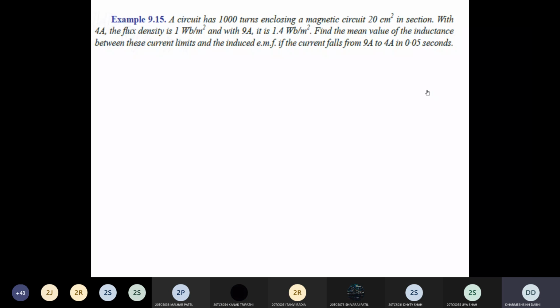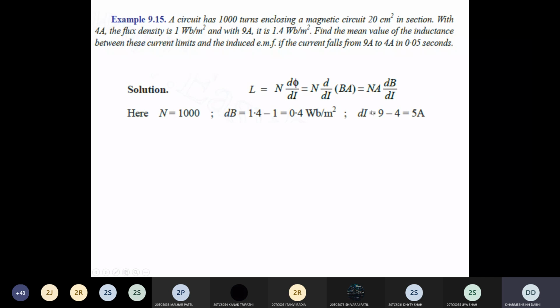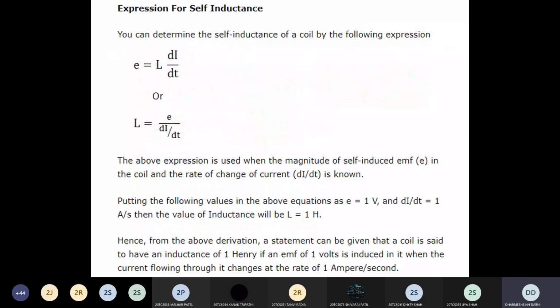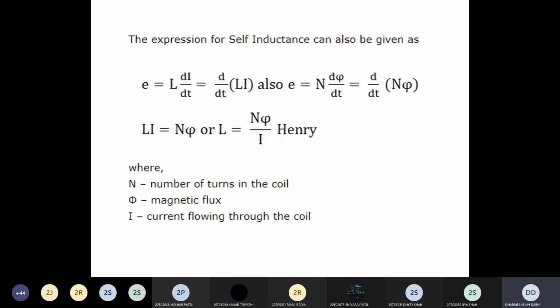So let's see here again. As we know, if you see this equation of inductance, in the last lecture we have seen two equations of induced EMF, one is L di by dt and another is N d phi by dt. If you equalize both of these, we get Li is equal to N phi. Clear?